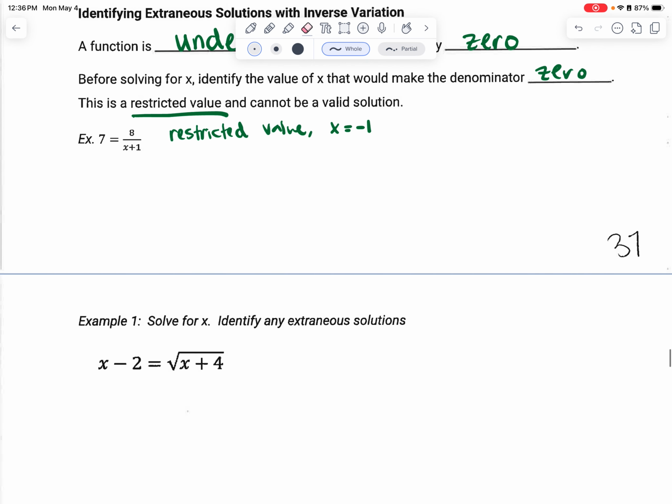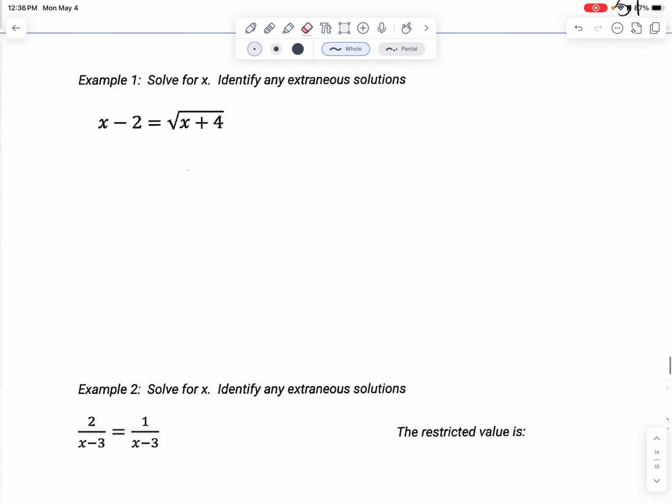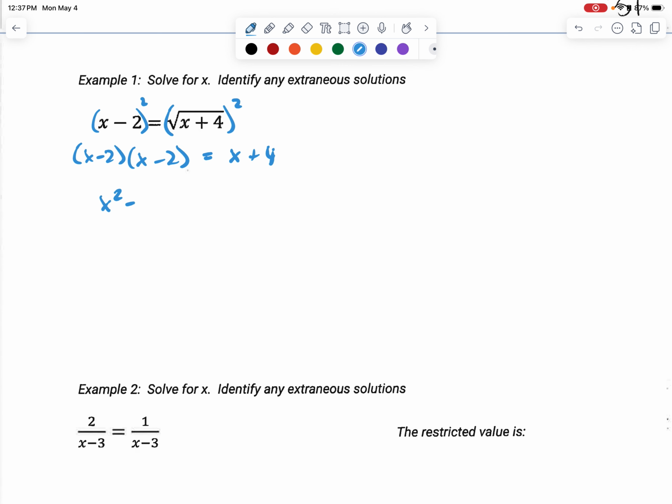So if we encounter some solving, our first example is a square root example. We'll start by solving like normally. We'll square both sides since the square root is by itself. X minus 2 quantity squared, we need to expand and distribute. So we have x squared minus 4x plus 4 equals x plus 4.